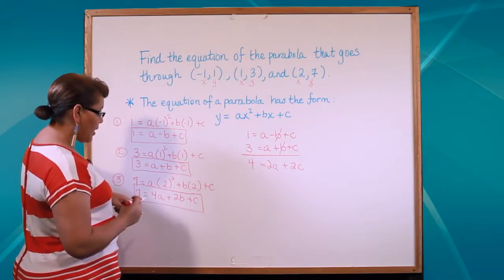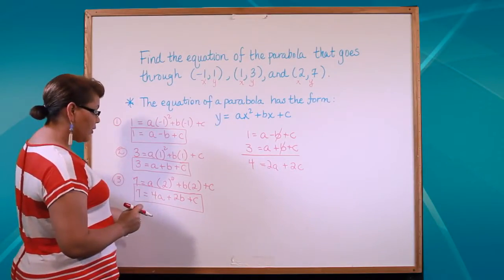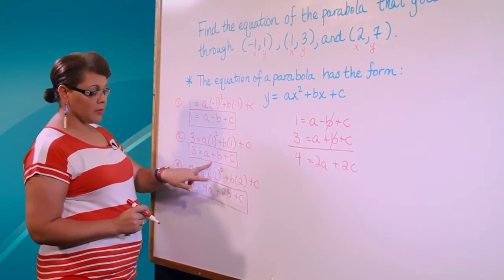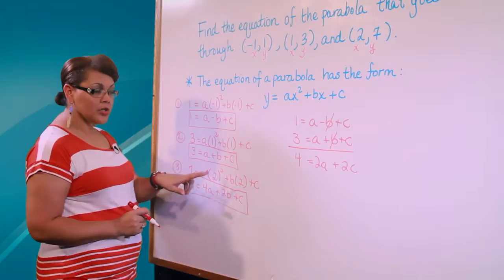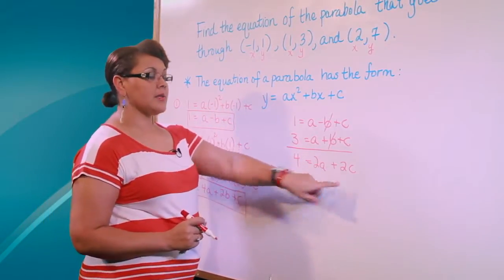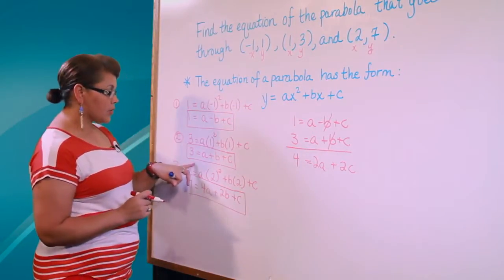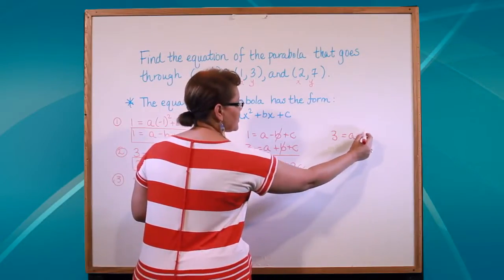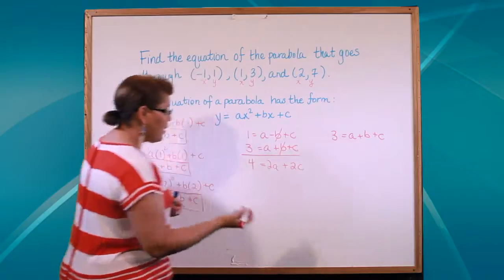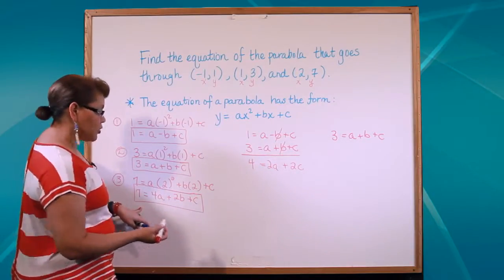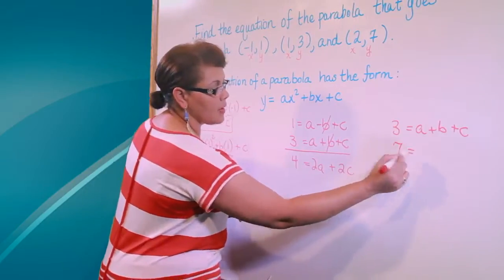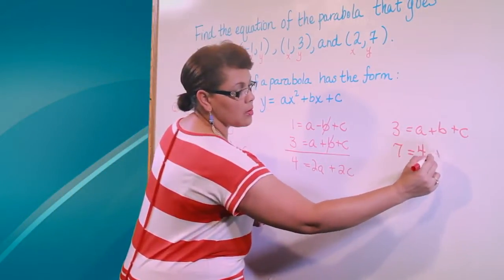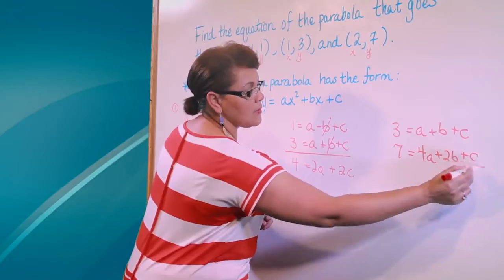Now I can combine the second equation and the third equation, again with the plan to eliminate the b variables, so I'll have a second equation that has an a and a c left as its variables. So taking equation 2, which is 3 equals a plus b plus c, and combining it with the third equation, which was 7 equals 4a plus 2b plus c.